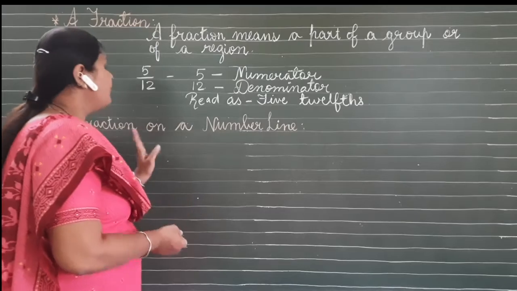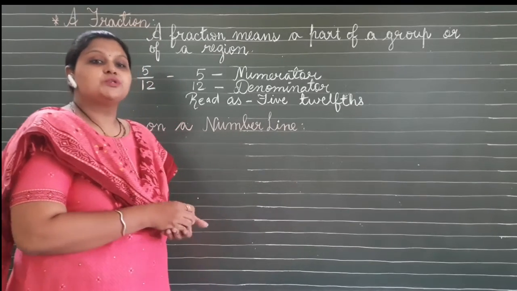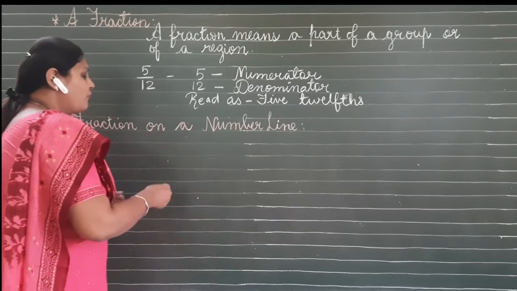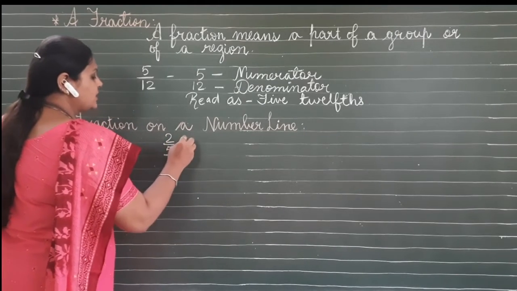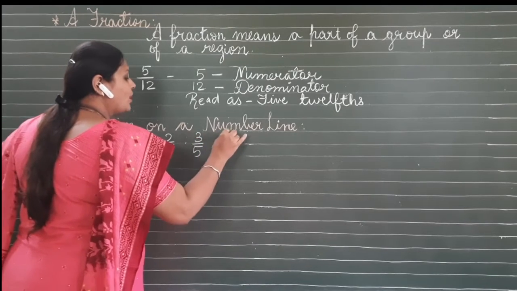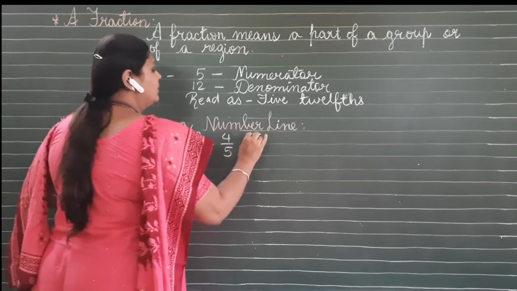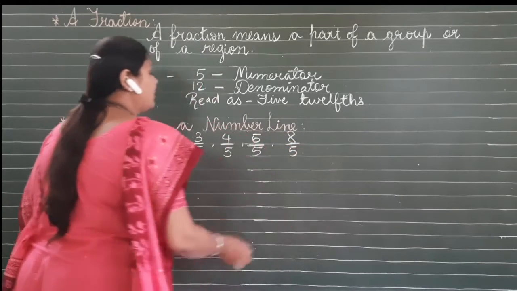Now, let us see fraction on a number line. How to represent fraction on a number line? For that, here you are given a few fractions, say 2 upon 5, 3 upon 5, 4 upon 5, 5 upon 5 and 8 upon 5.